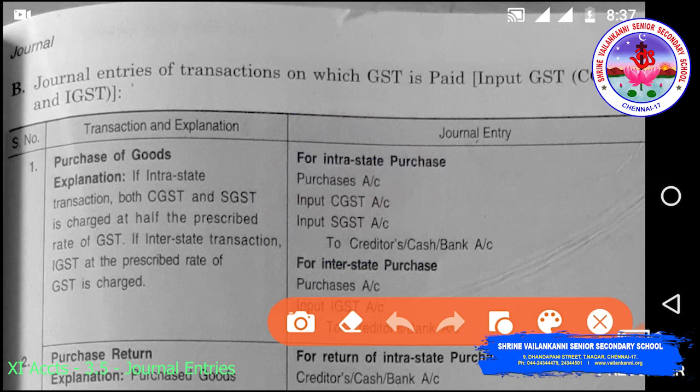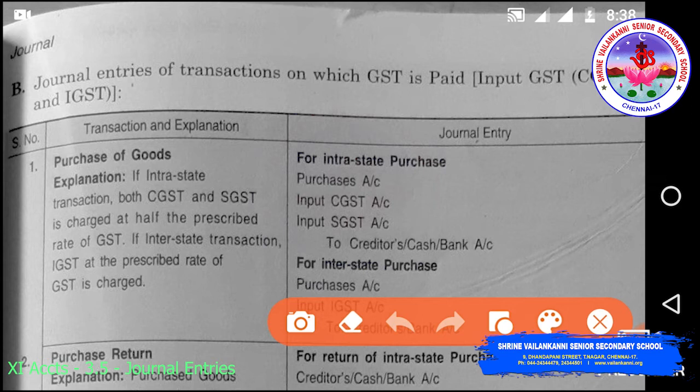For every transaction, if the goods or services is taxable under GST law, you would have to include that tax component in the invoice only if you are a registered person under GST. That is, you have a GST number.